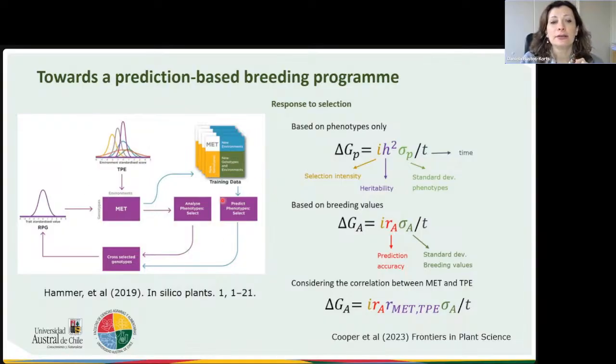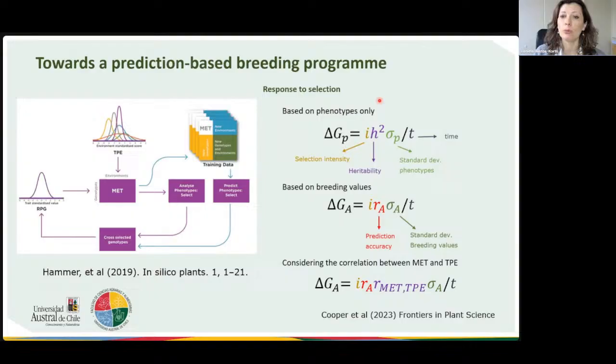So at the end, this means we are transforming, as proposed here by Cooper in these nice papers in 2023. We are moving from something that is based only on phenotypes, where genetic gain is defined as the selection intensity times the heritability of the trait, how much variation we have, and time. Then we switch to something that is more related to prediction accuracy.